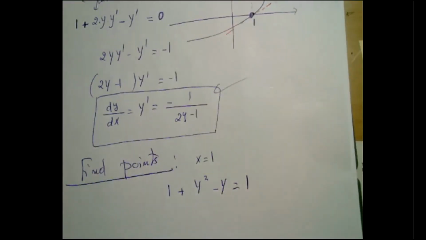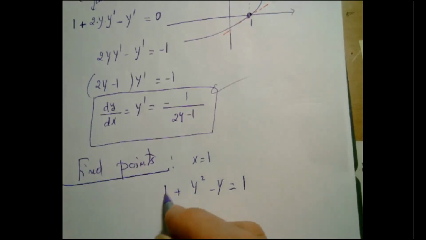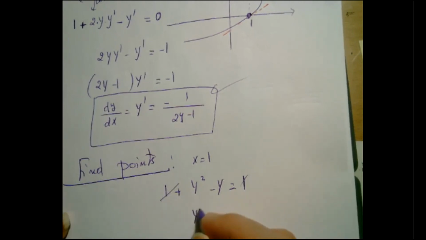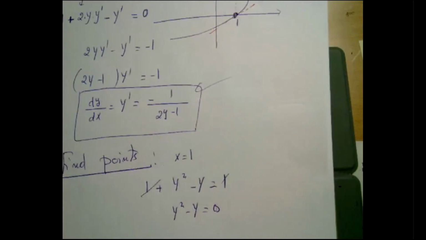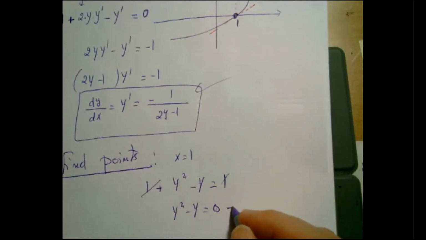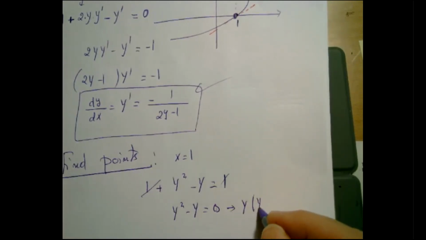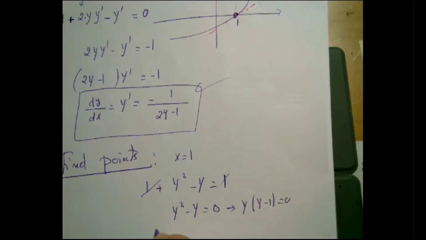Okay, you don't have to guess it. You actually plug in 1 into the formula. Plus 1 minus 1, so you will get y squared minus y equal to 0, because sometimes they are not easy to see. Now I factor out: y times y minus 1 equal to 0. It means y equals 0 and y equal to 1.